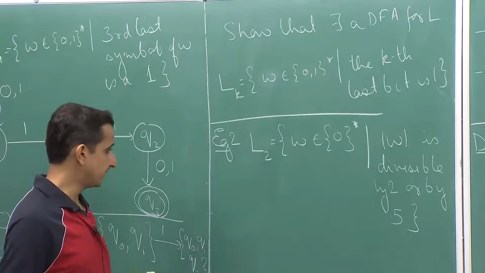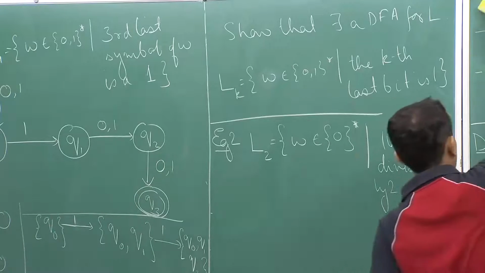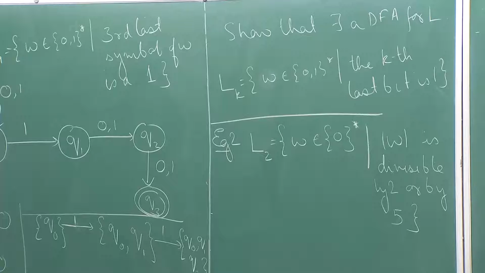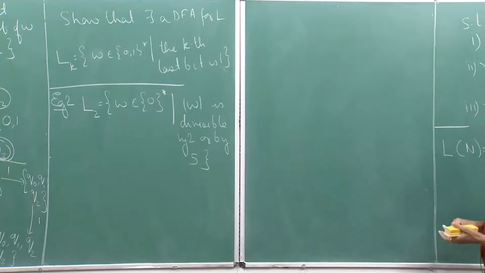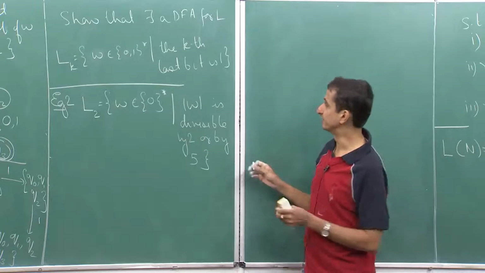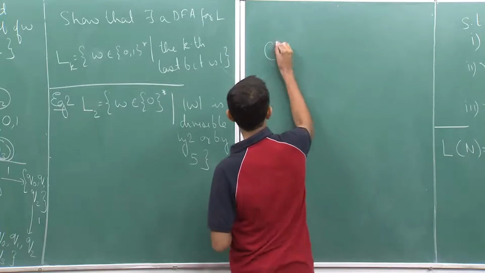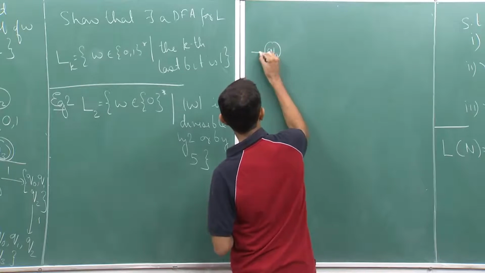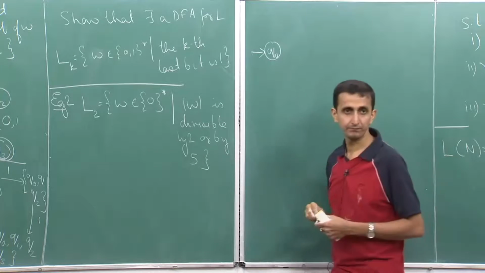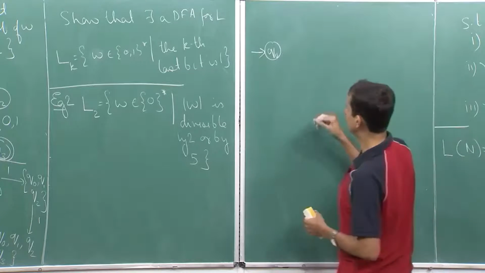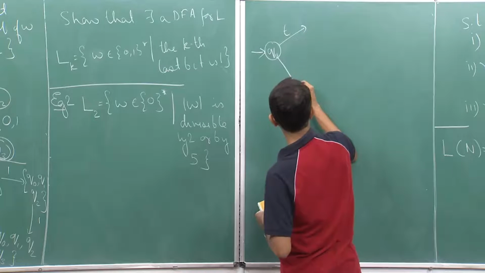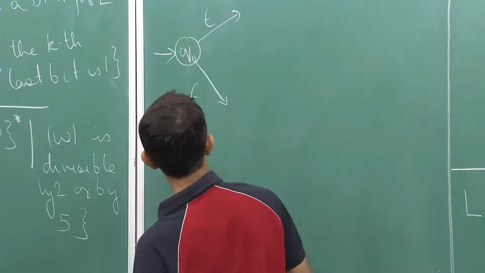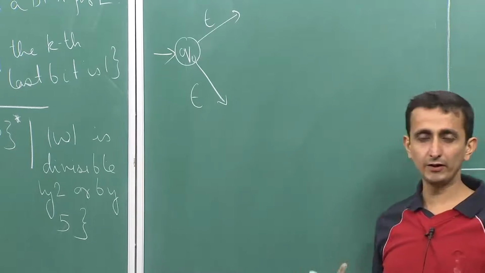Here we will use epsilon transition to differentiate between these two ideas. So, we start at a start state q0, and from q0 we non-deterministically decide what we are going to check.